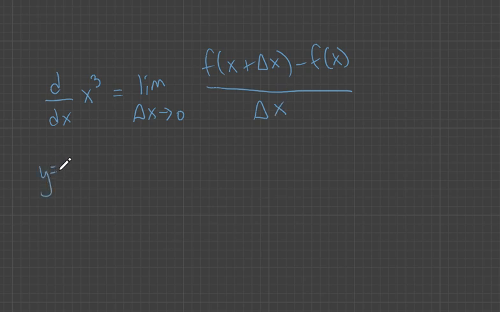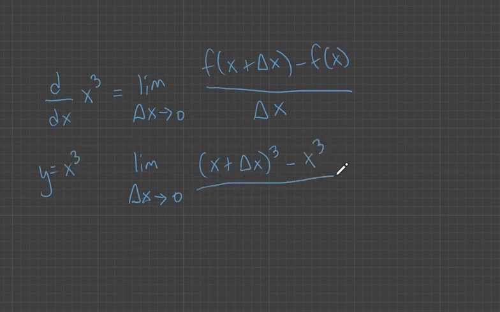So if y equals x cubed, we put this first part into that and we get the limit as delta x goes to 0 of x plus delta x cubed minus, putting x in place of x, we get x cubed over delta x.